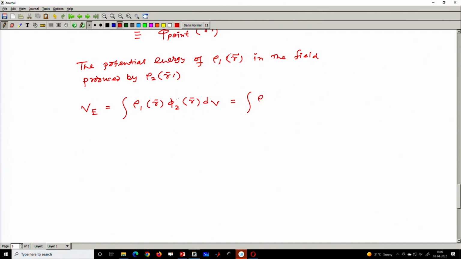So, phi 2 if I write, this is rho 2 at r, and that potential is phi at r, dV, right.